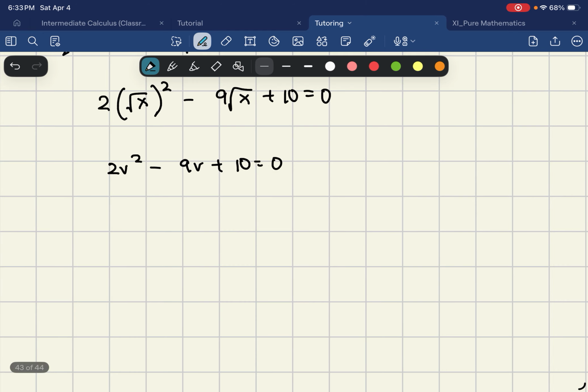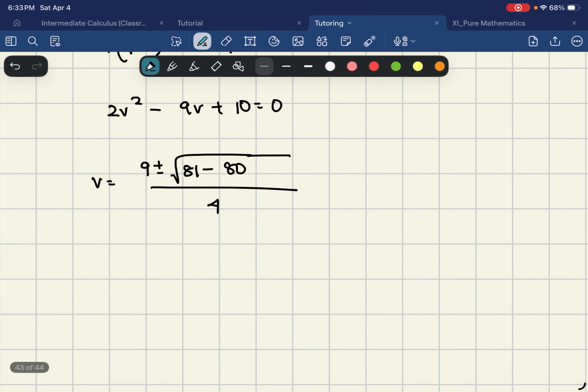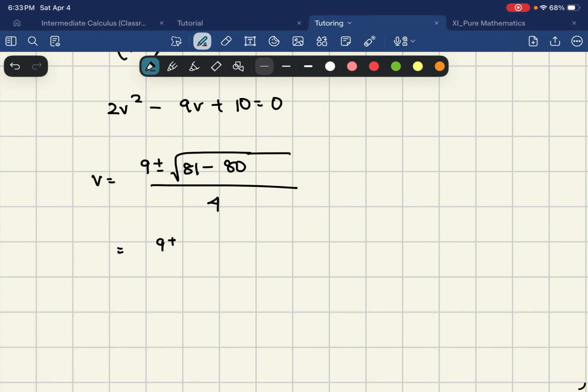And you can solve this using the quadratic formula. So v is going to be 9 plus or minus square root of 81 minus 80 divided by 4. So when you use the quadratic formula, you're going to get this expression. So you have 9 plus or minus 1 by 4. So therefore, v is equal to either 8 by 4, that is 2, or v is equal to 10 by 4, which is just 5 by 2.